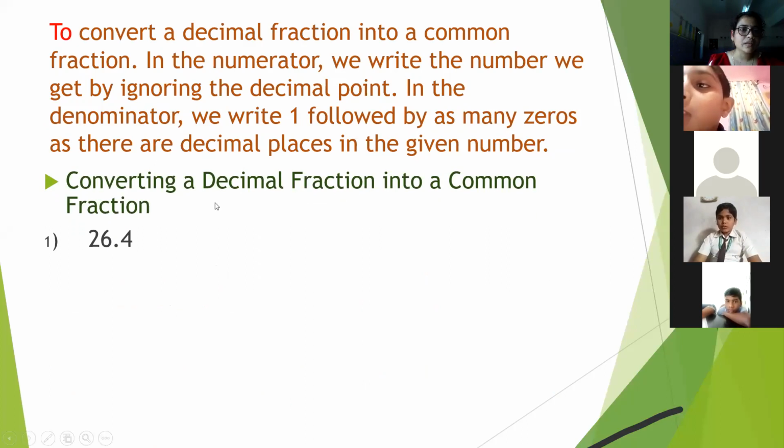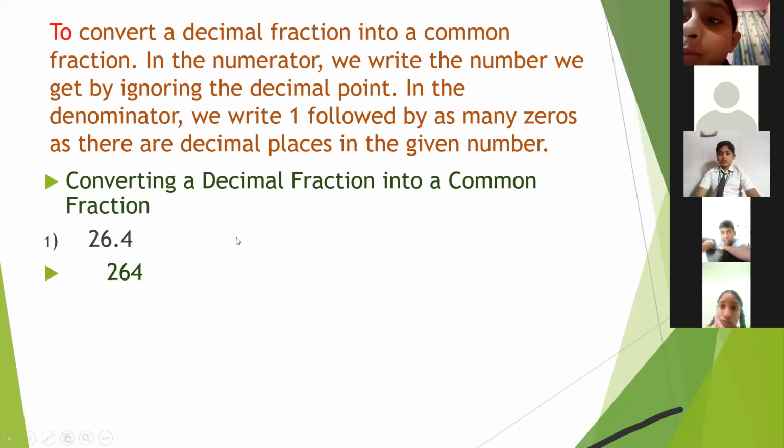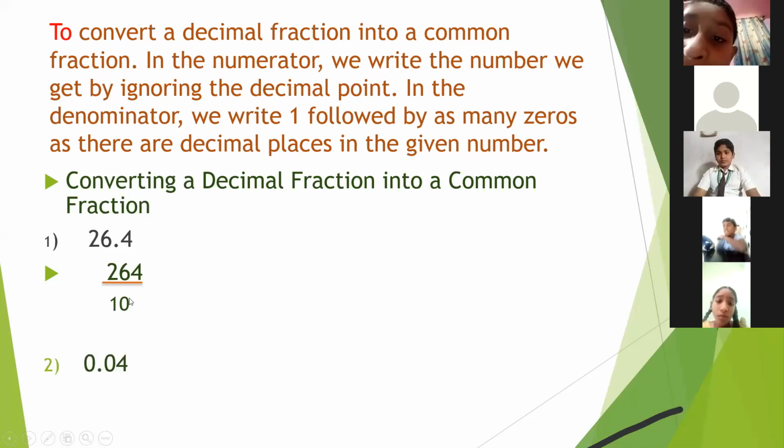So now see, converting a decimal fraction into a common fraction, how will we do this? You will write the number as it is, ignoring the decimal point, and then you will write 1 in the denominator, and then you will count after the decimal how many numbers are given. After the decimal here, 1 number is given, so you will put 1 zero over here.